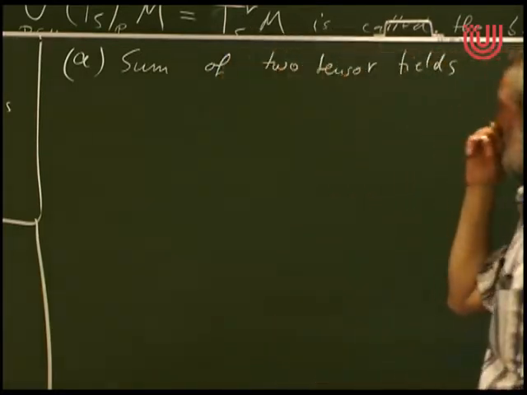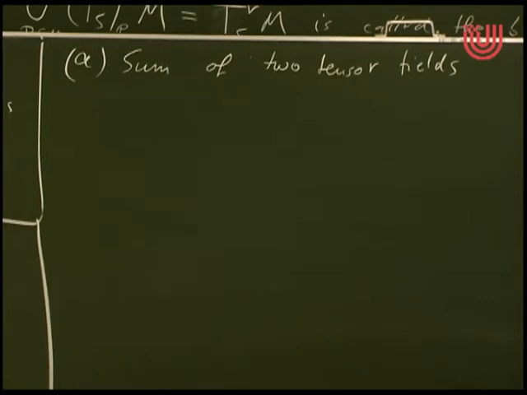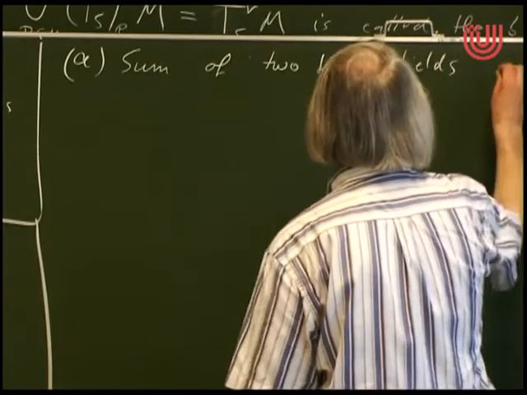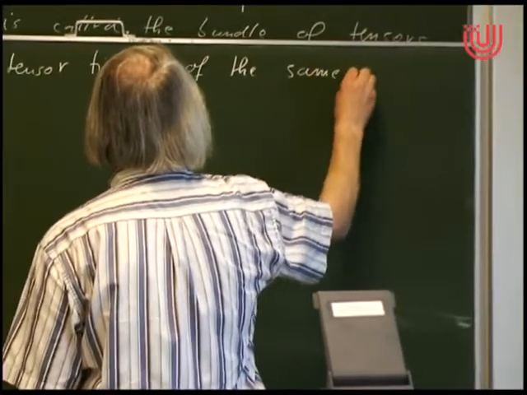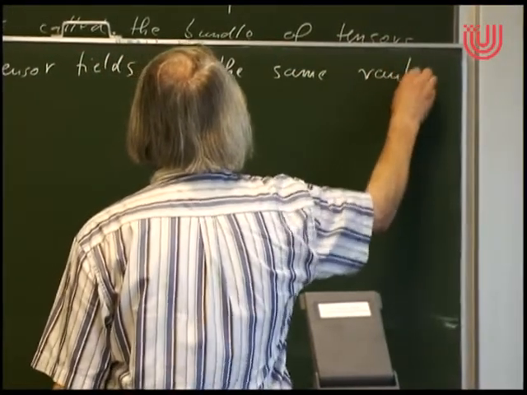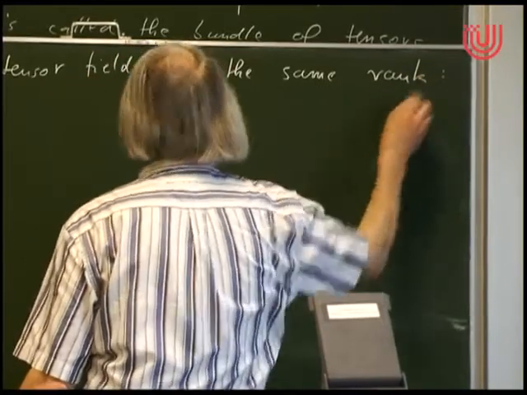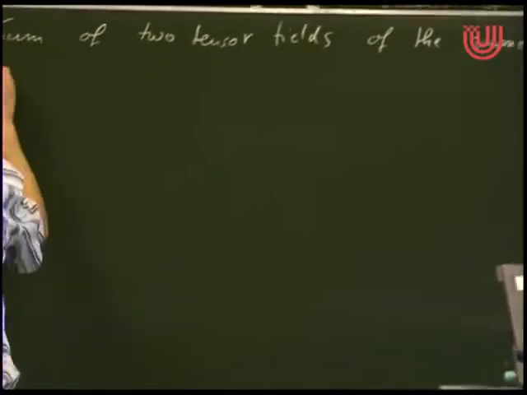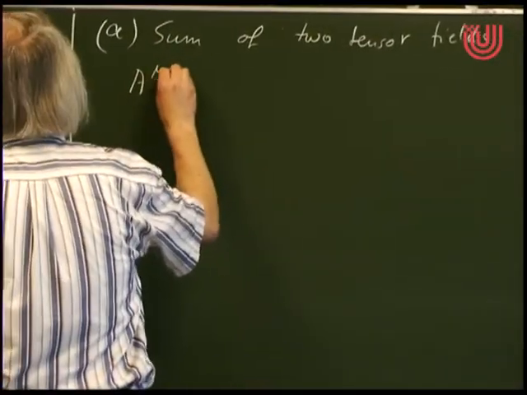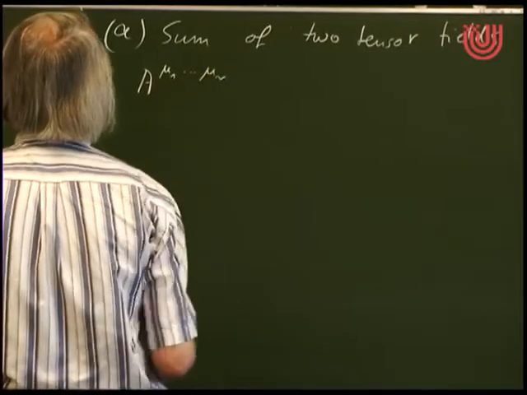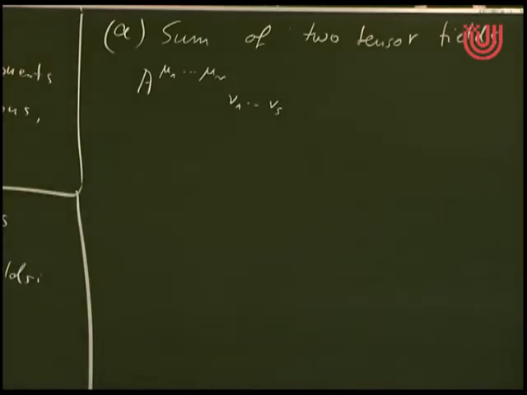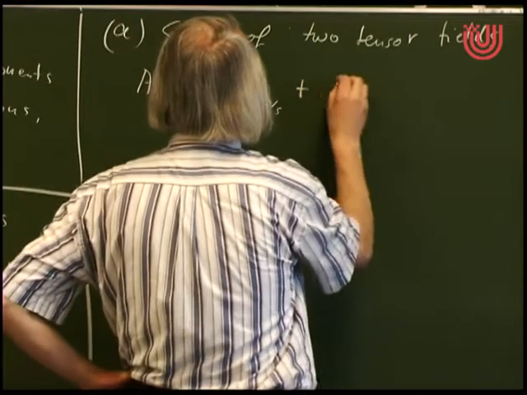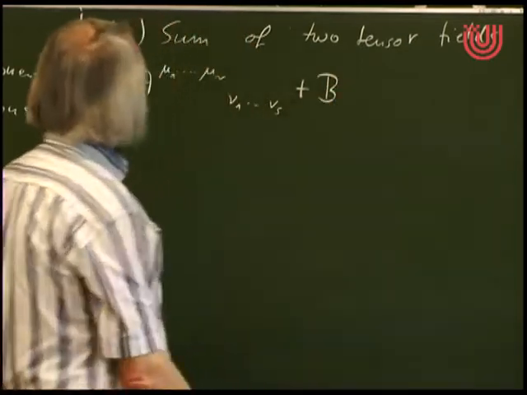So I say I can add together two tensor fields, but not arbitrary tensor fields. They must have the same rank. So if I write this in coordinates, I have something with R upper indices and S lower indices, and I can add this to another tensor field if it has the same rank.